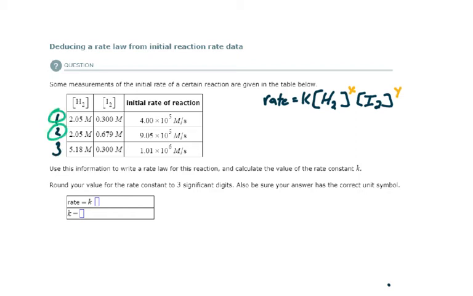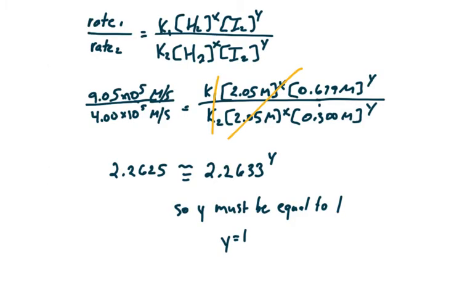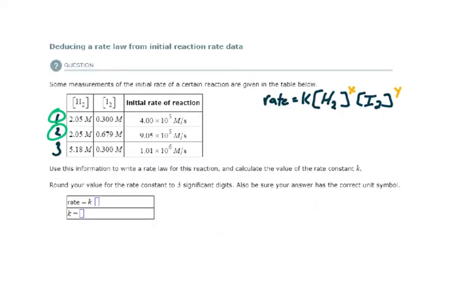All right, so let me show the work for how I determine the order that iodine is in. So here's the work for that first part. We identify the two trials in which the concentration of hydrogen remains the same and the concentration of iodine changes.